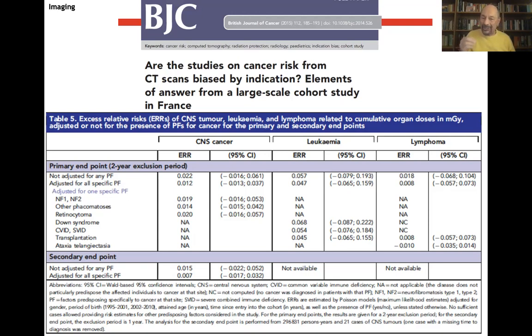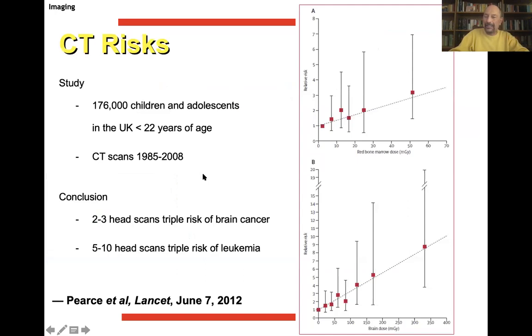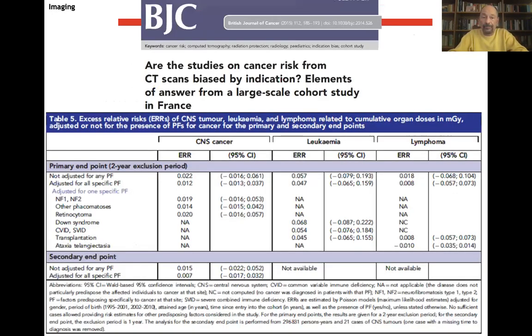So if you make the adjustment, you see that the excess relative risk declines quite substantially, for lymphoma, for example, a little bit less for leukemia. So apparently this effect is not necessarily due to the fact that you make many CT scans. It's due to the fact that you have predisposing factors to leukemia or brain cancers, and these factors are those that eventually cause the cancers.